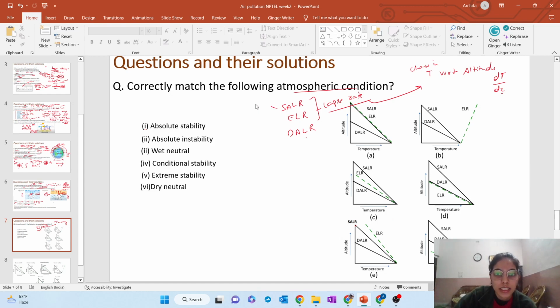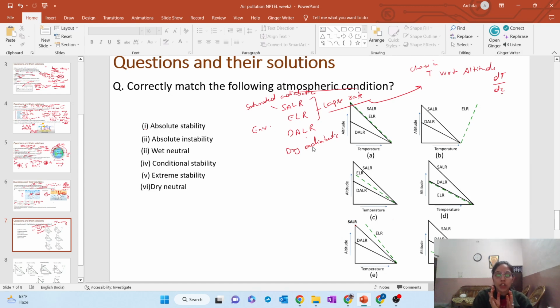This is the saturated adiabatic lapse rate, this is the environmental lapse rate, this is the dry adiabatic lapse rate. Lapse rate, as I discussed, is how the temperature is changing with altitude.